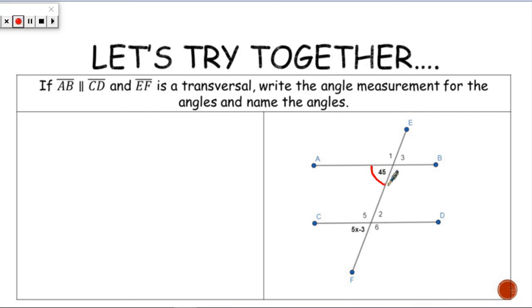So here I'm just going to start with the 45 that I'm given. So if this is 45, then the measure of angle 3 is also 45. If I get the measure of angle 4, since I know that's supplementary to this angle or this angle, you can do 180 minus 45.